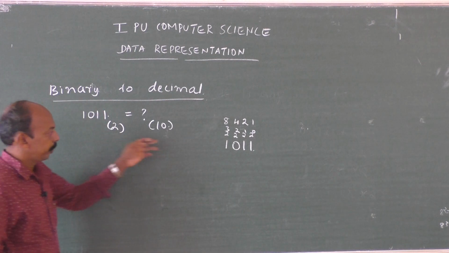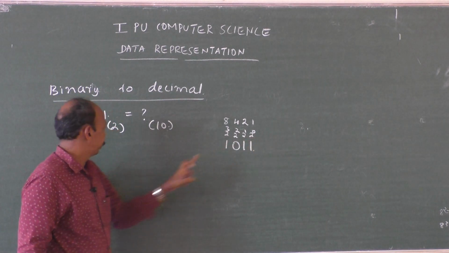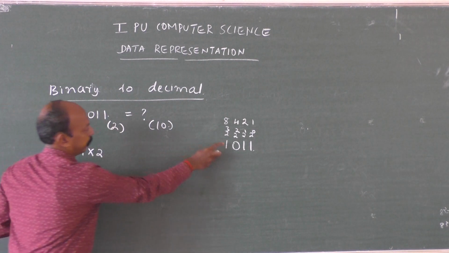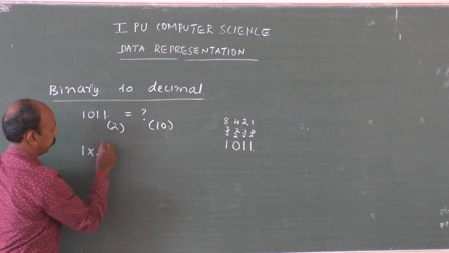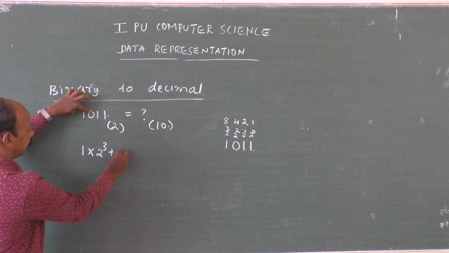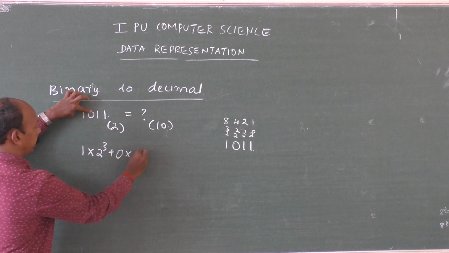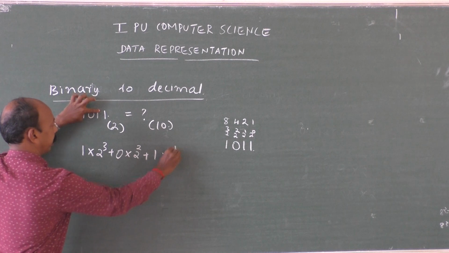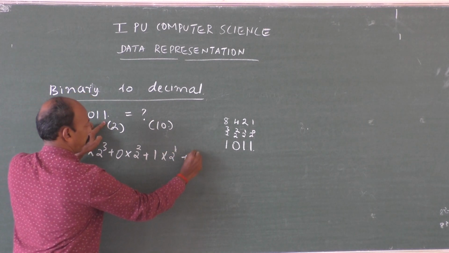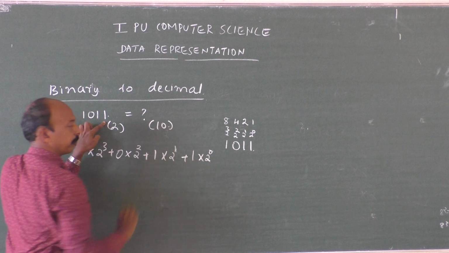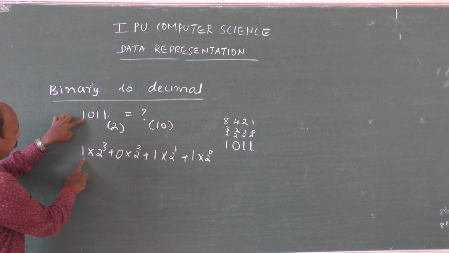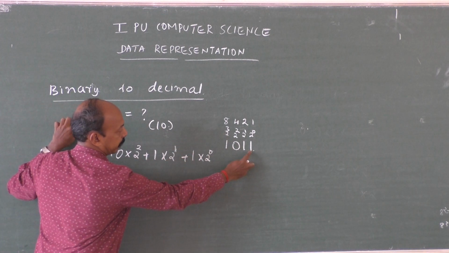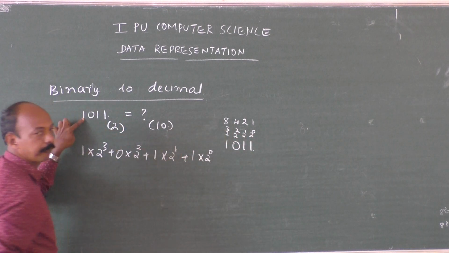So how to convert? We know the positional values. So we shall write 1 into 2 to the power 3 plus 0 into 2 to the power 2 plus 1 into 2 to the power 1 plus 1 into 2 to the power 0. 1 into 2 to the power 3 because the positions are 0, 1, 2, 3.